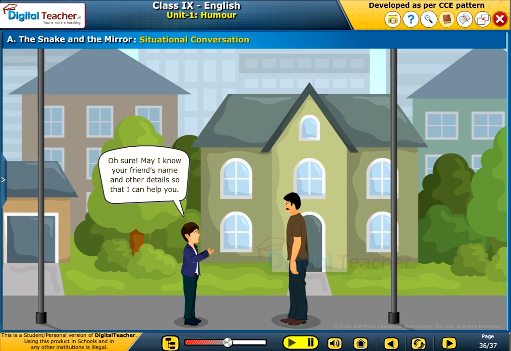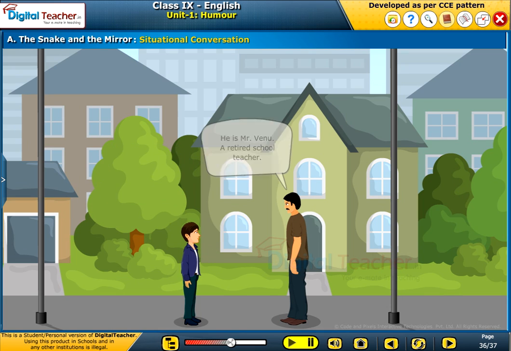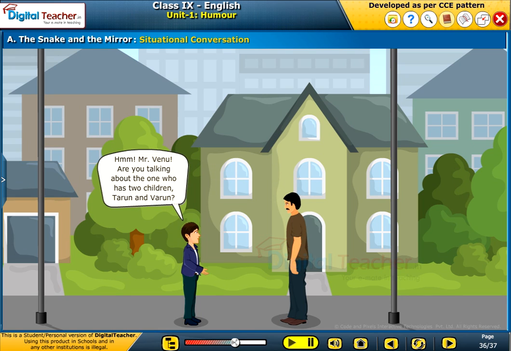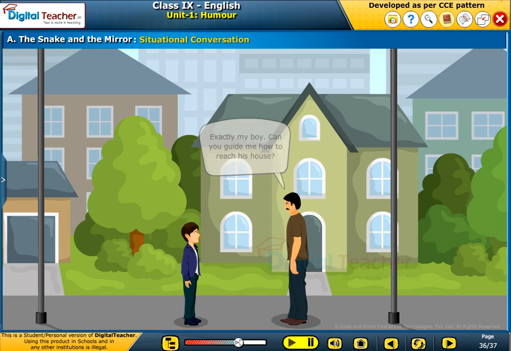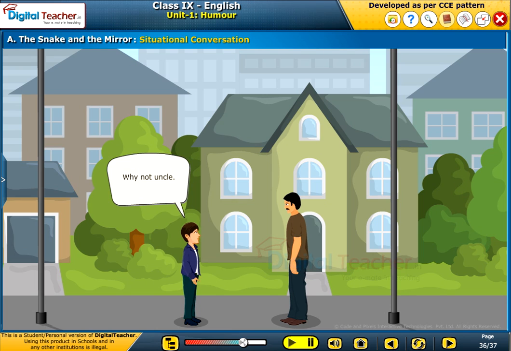May I know your friend's name and other details so that I can help you? He is Mr. Venu, a retired school teacher. Mr. Venu? Are you talking about the one who has two children, Tarun and Varun? Exactly, my boy. Can you guide me how to reach his house? Why not, uncle?